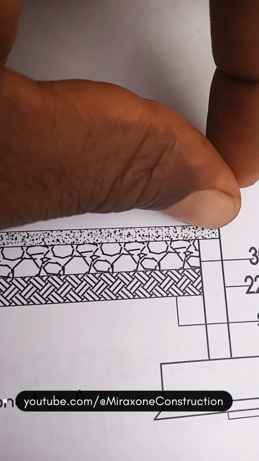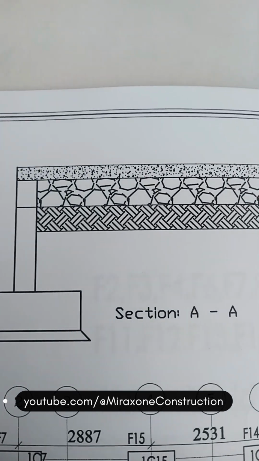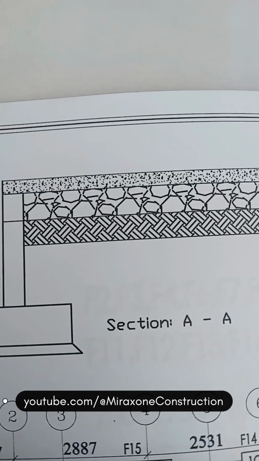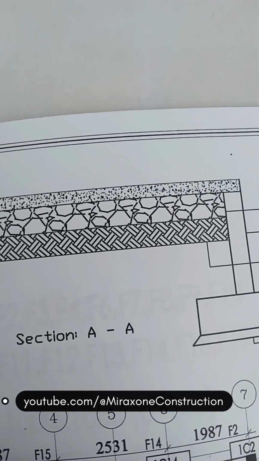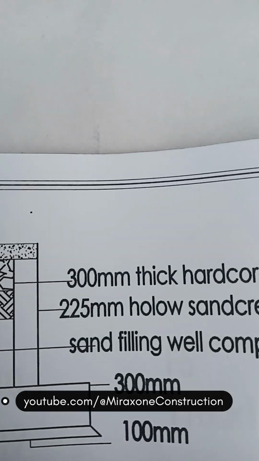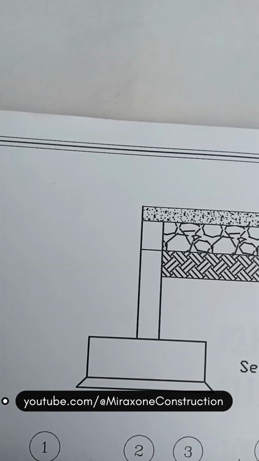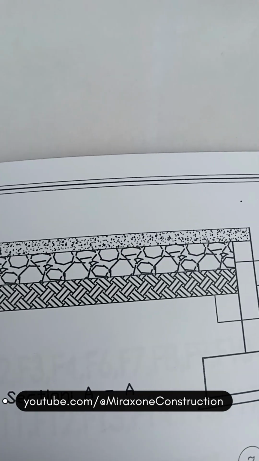But it's not shown here. I just want to let you know it is DPM, damp-proof membrane. Damp-proof membrane is just a thin black nylon. That's what we normally use at this side. I don't know, maybe because of your location, the one you normally use. So that is all about it.